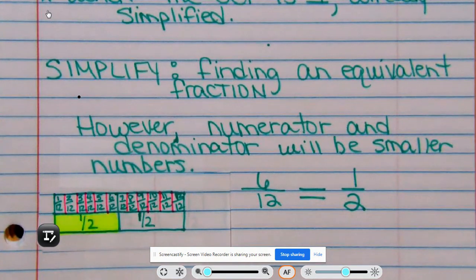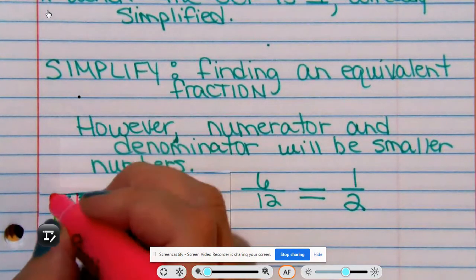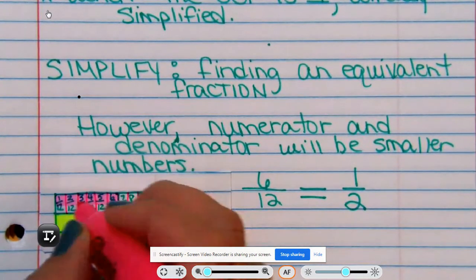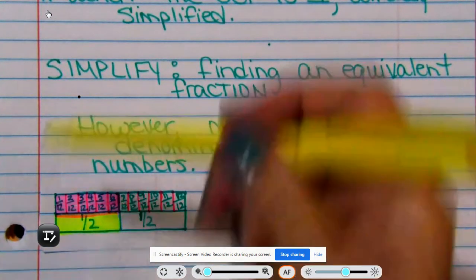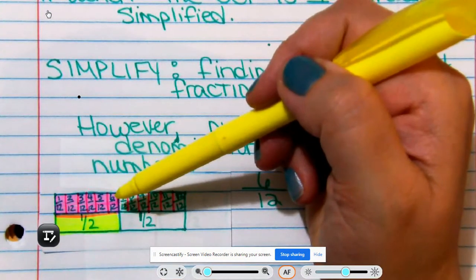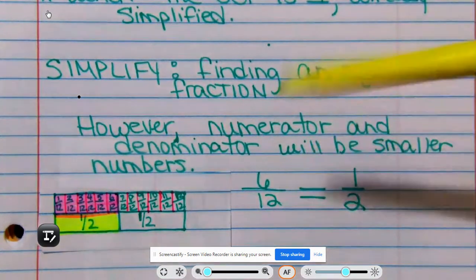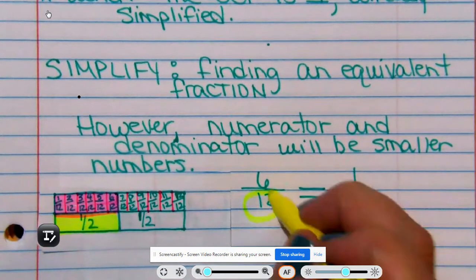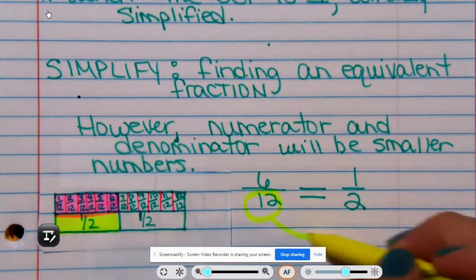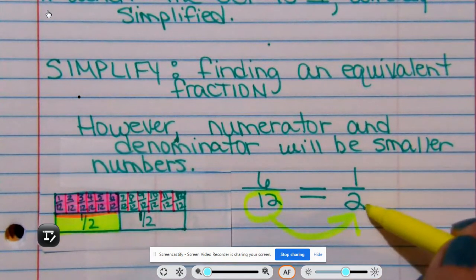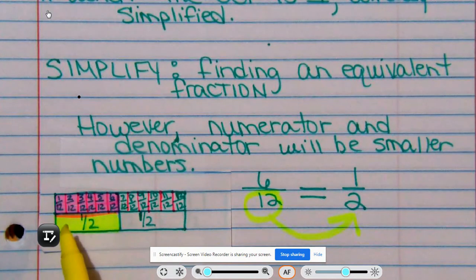The original fraction that we were given was 6/12, and it's equivalent to 1/2. But look at the size of the pieces. So we started out with smaller pieces. So just remember, the bigger the denominator, the smaller the piece. If we're making our denominator smaller, that means we're making the pieces bigger.